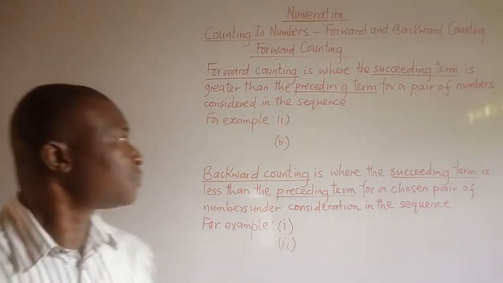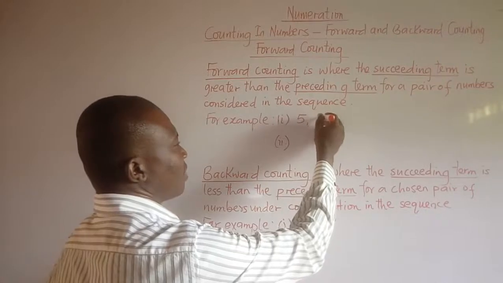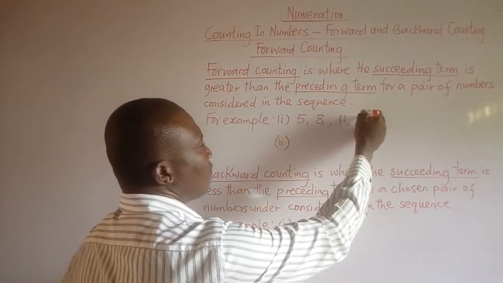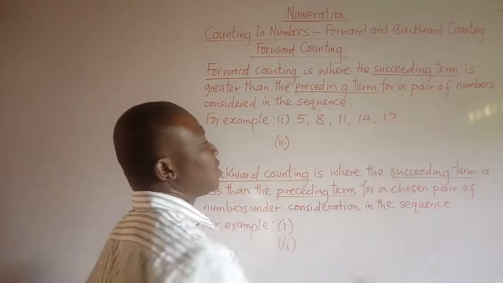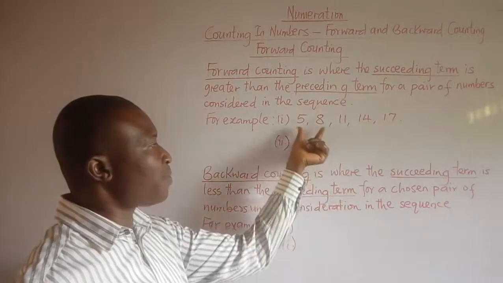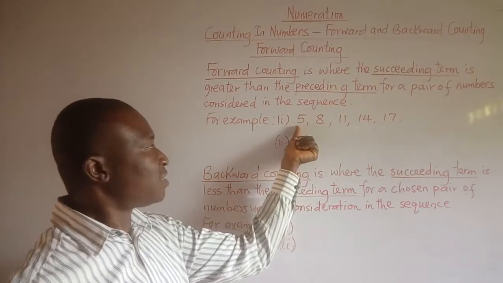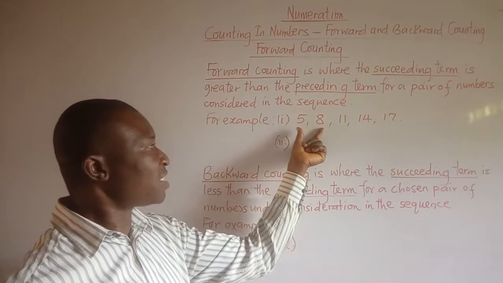For example, 5, 8, 11, 14, and 17. In this sequence, considering the pair 5 and 8, 5 is the preceding, 8 is the succeeding, and 8 is greater than 5.